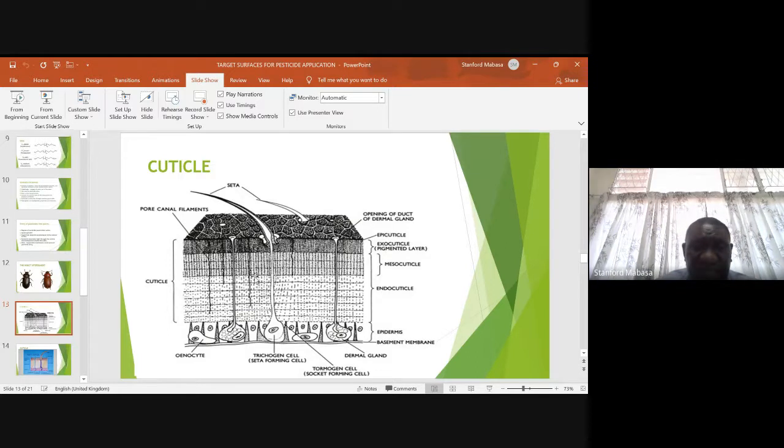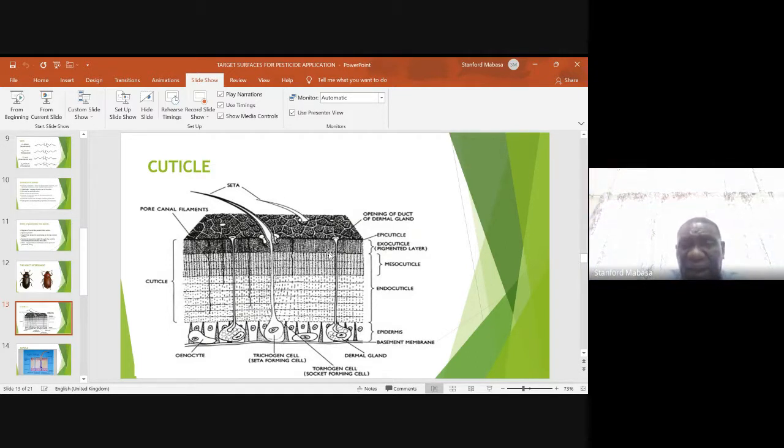So basically, we also have a cuticle with the insect. We have an epicuticle, which is the outer layer, and also the endocuticle. And we have some passages which are linked to sensitive areas.